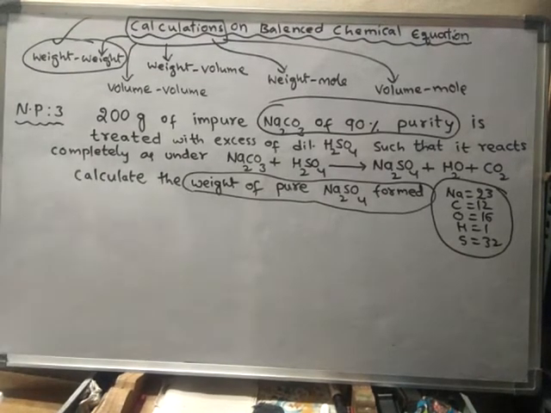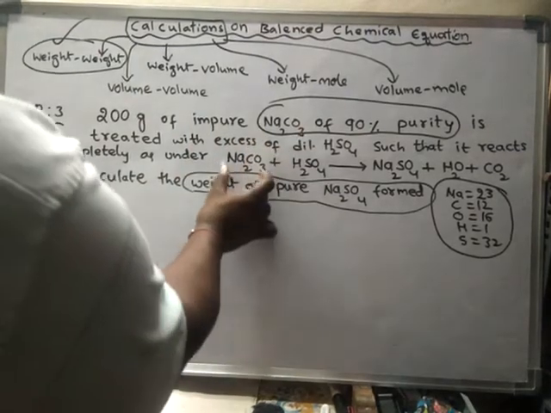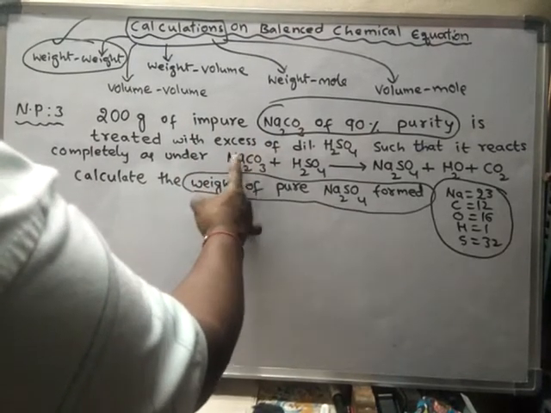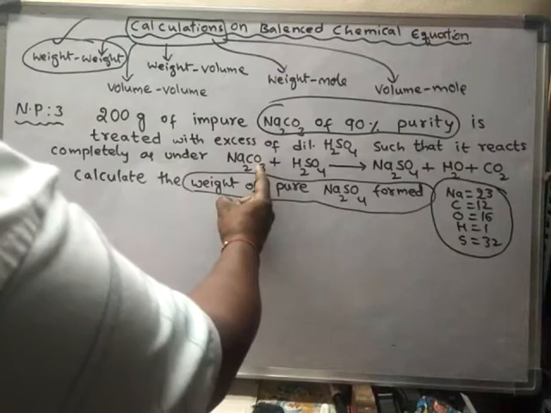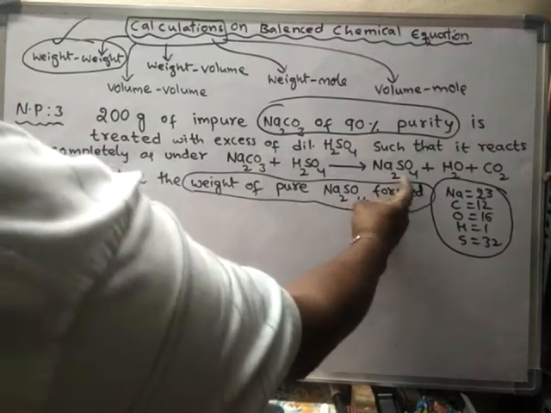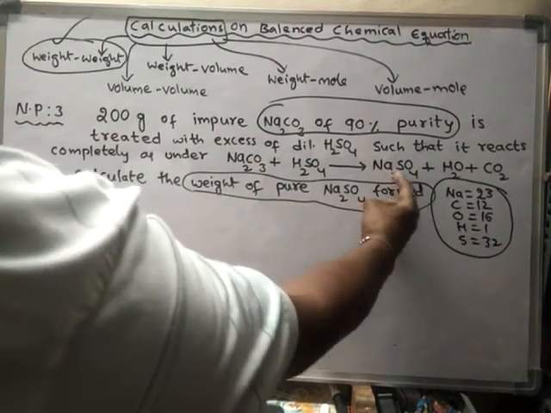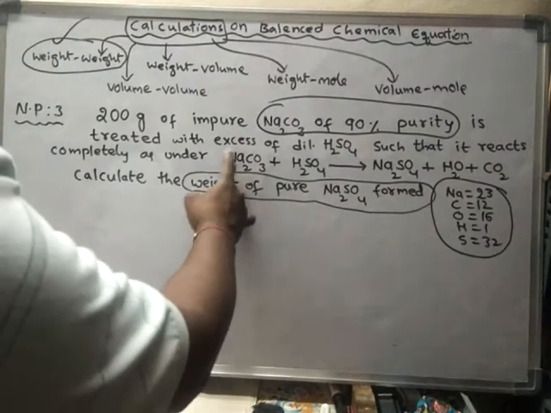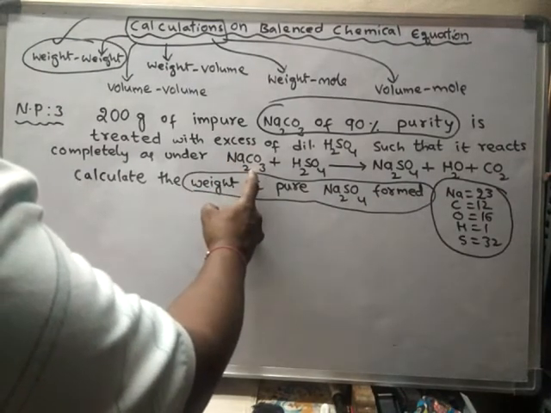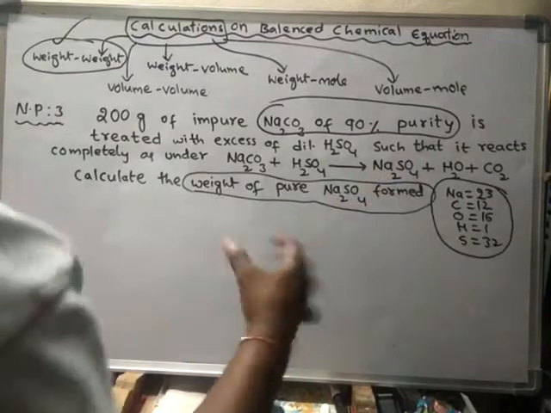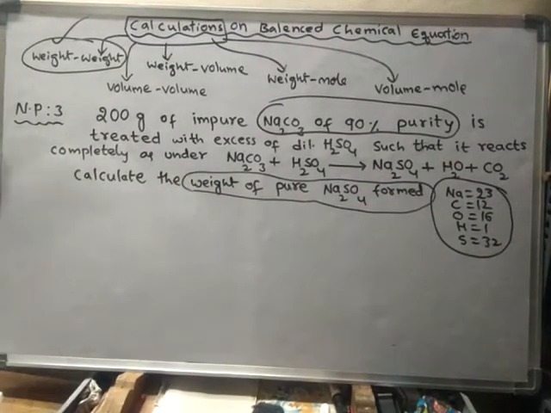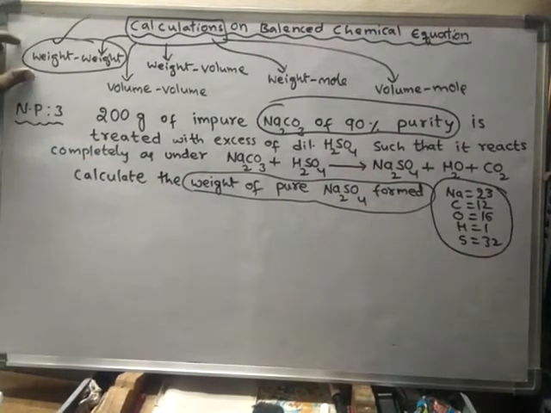Here a certain weight of sodium carbonate is given, and we have to calculate the weight of sodium sulfate formed. With the help of the weight of one substance, the weight of another substance is calculated in this reaction. Hence, such a reaction comes under the weight relation category.